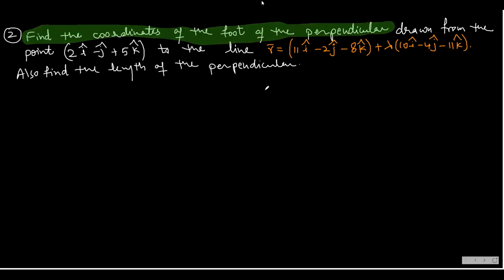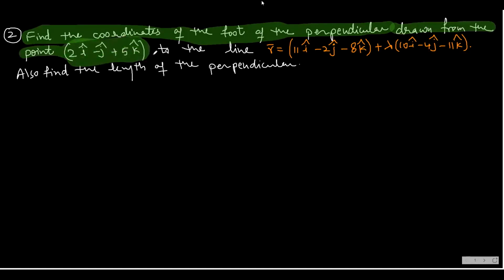Definitely yes. We had found the coordinates of the foot of perpendicular. You remember it? That point M, we had found the coordinates of point M. It says find the coordinates of the foot of the perpendicular drawn from point 2i cap minus j cap plus 3k cap.